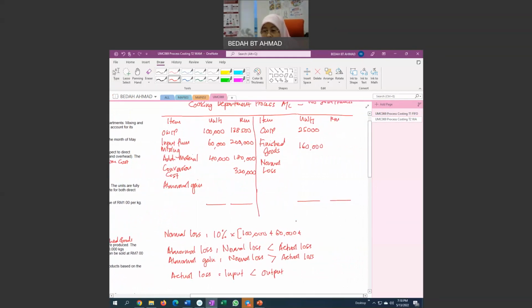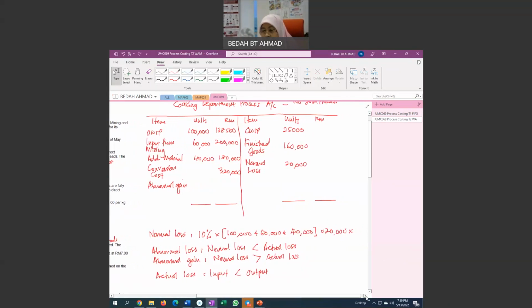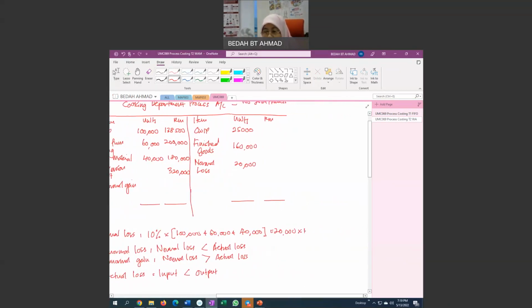Altogether it is 200,000, multiplied by 10%, so the normal loss is 20,000 units. This 20,000 we multiply by the scrap value per unit, which is RM1. So the value is 20,000 ringgit. Put it here as 20,000 ringgit.